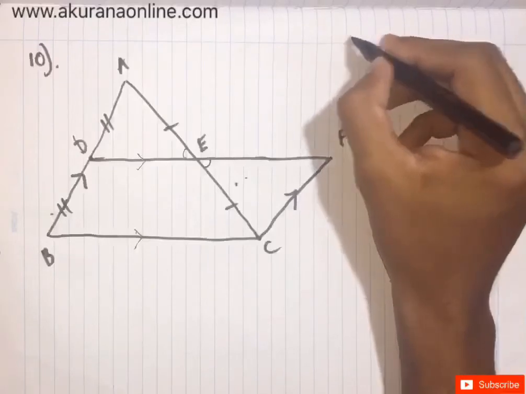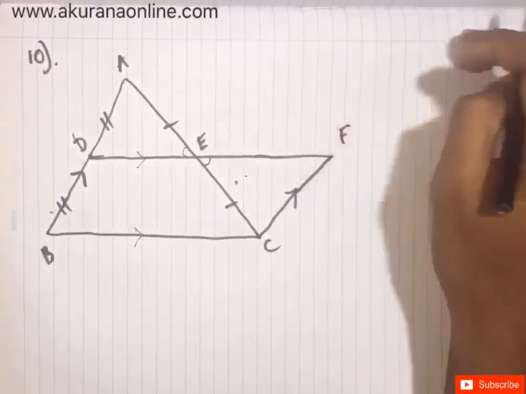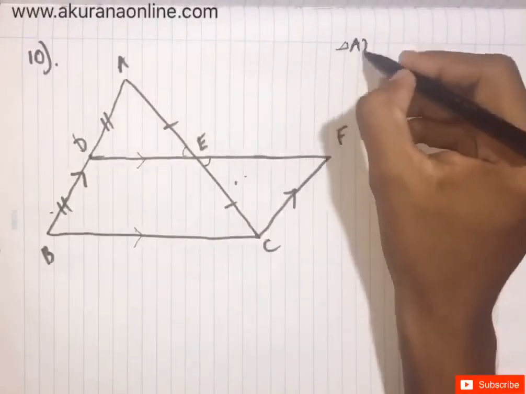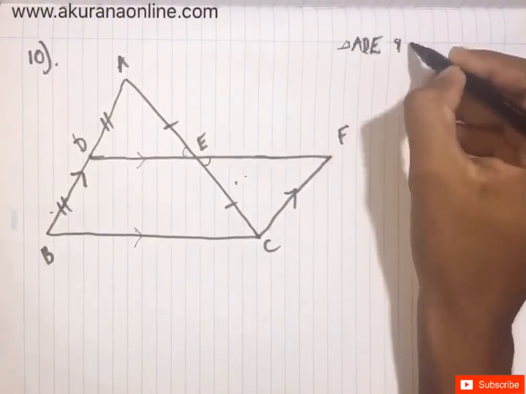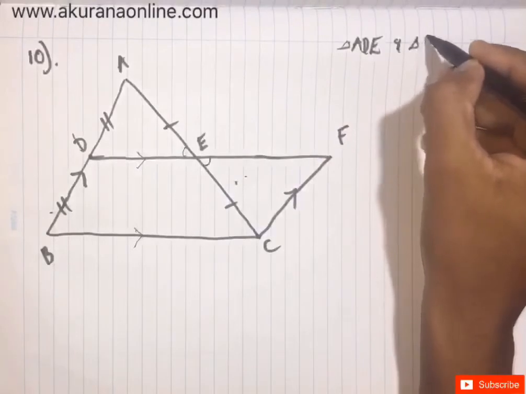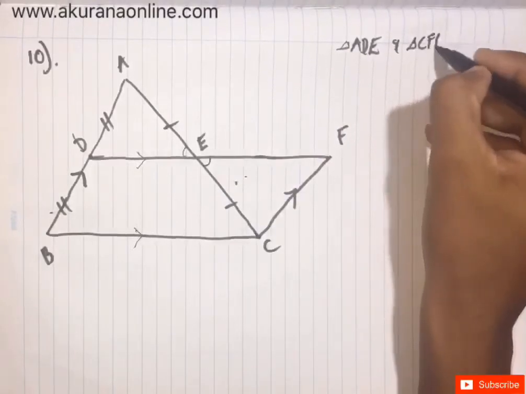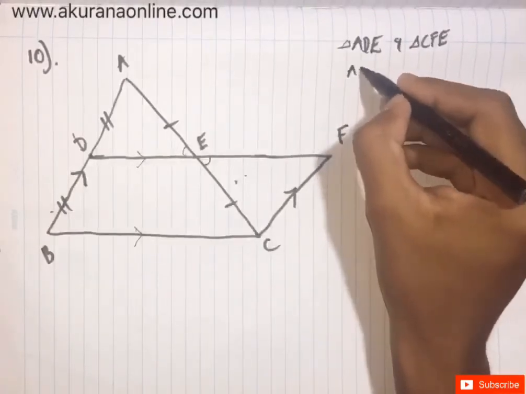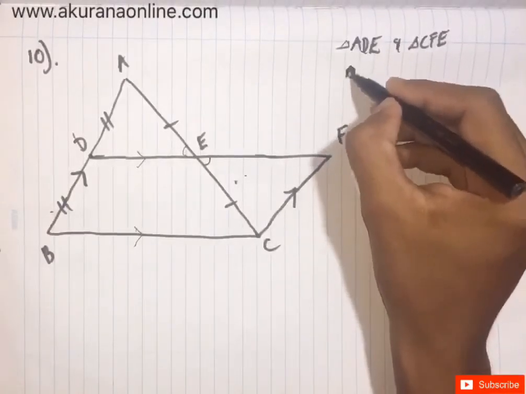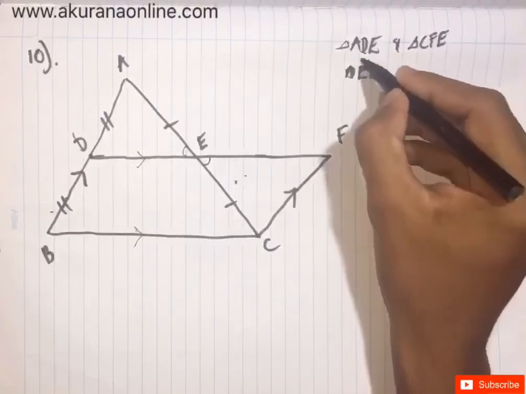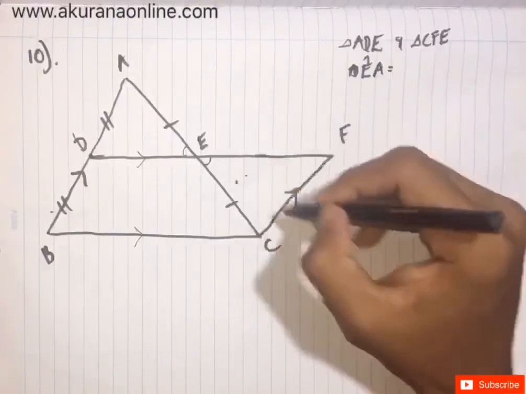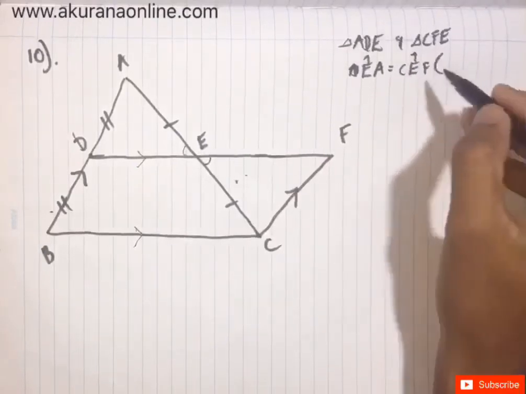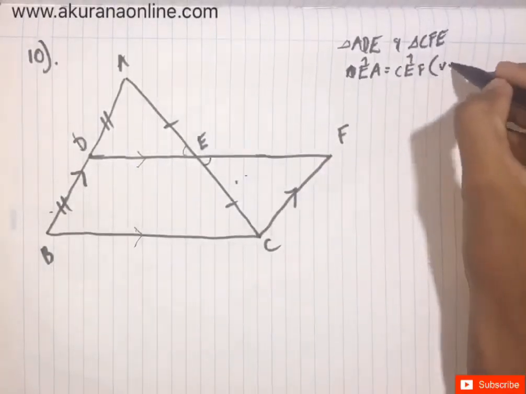You have to write all the sentences in the two triangles ADE and CFE. Now we are considering this triangle, therefore you can say angle DEA is equal to angle CEF. What is the reason? Vertically opposite angles.